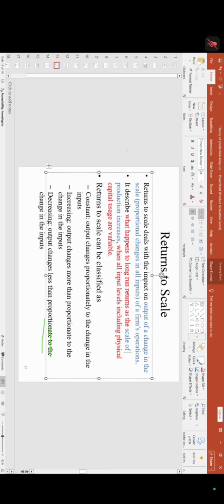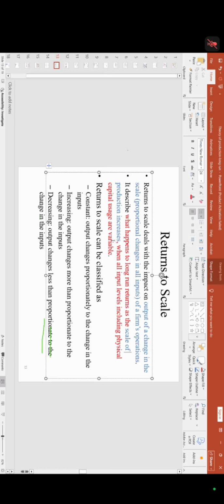So in the long run, all the inputs are variable. Because your scale of production has been increased in the long run, now you are going to know about the return. How much has the return changed?